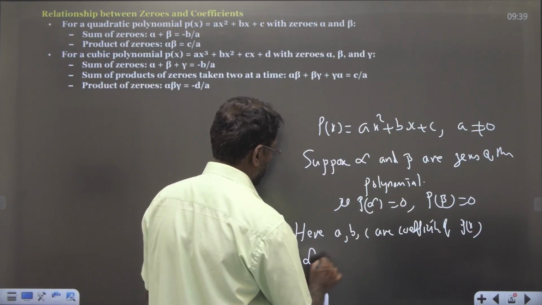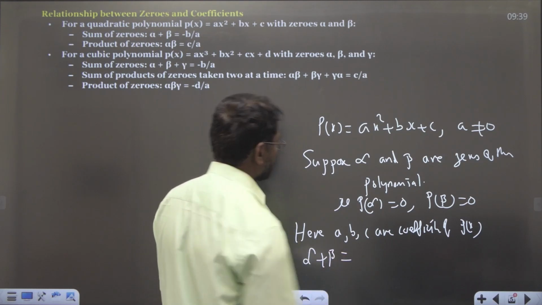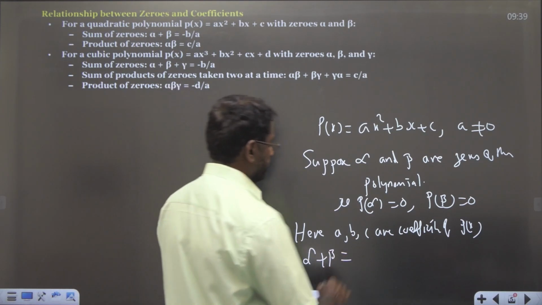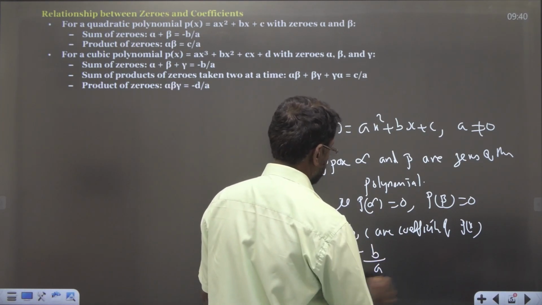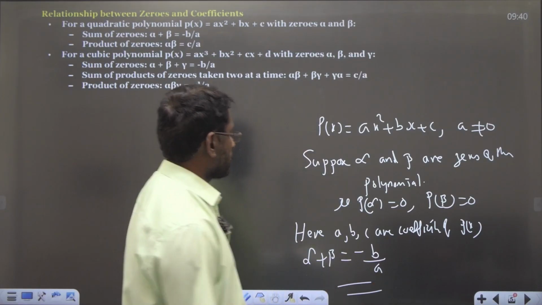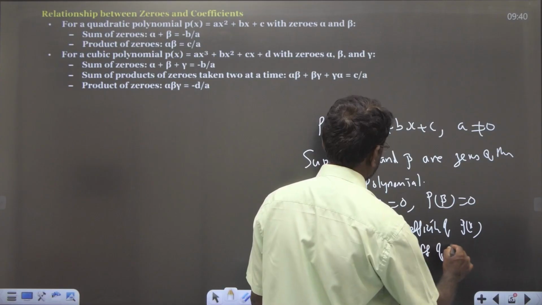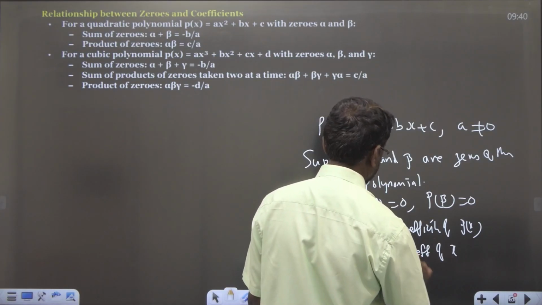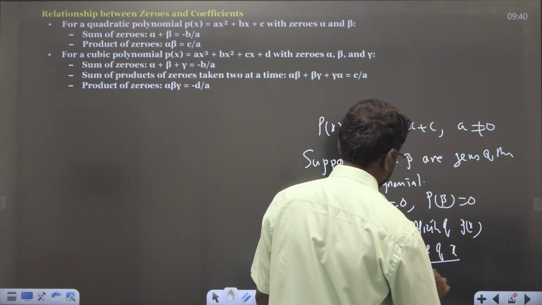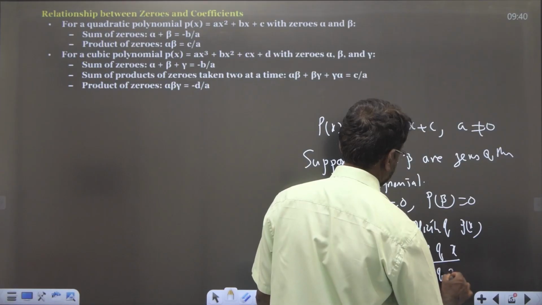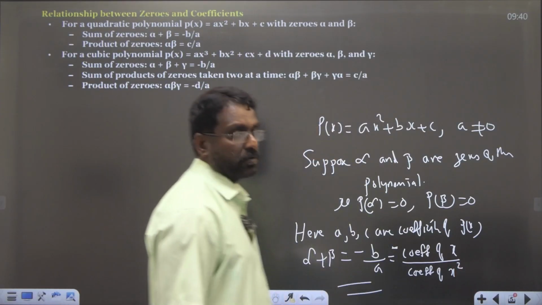Then alpha plus beta, the sum of zeros, is equal to, very important formula, minus b by a. That is the negative coefficient of x divided by the coefficient of x square. That is a very important concept.